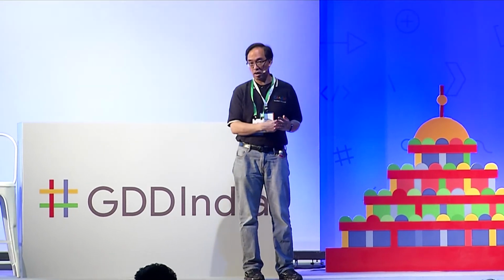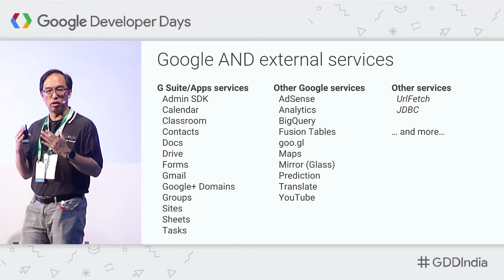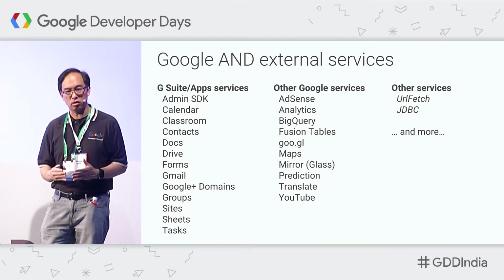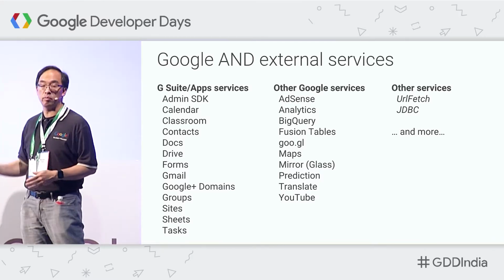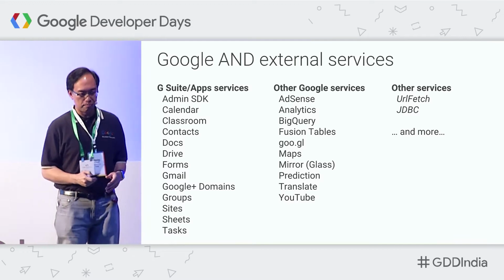Or maybe it's a public service, right? So that's why we have URL Fetch. So you can send HTTP GET requests as well as POST requests and talk to other apps that are online. You're not restricted to just doing everything from within a G Suite environment or a Google environment. And then similarly, if you want to talk to an external database, you can use the JDBC service. All right, so there's plenty more that you can do.